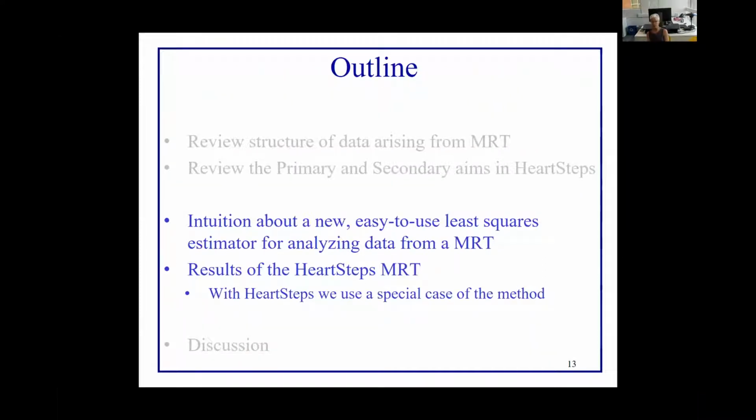So now we're ready to talk about the method that one could use, and this is all going to be illustrated using the HeartStep study. Just to remind people, again, the HeartStep study is a physical activity study, like we saw in that schematic, and we're going to be focusing on these contextually tailored activity suggestions that could occur at any of the 5 times a day over the 42 days.